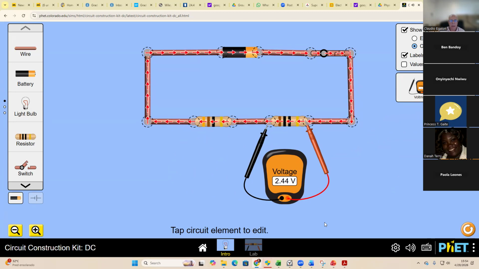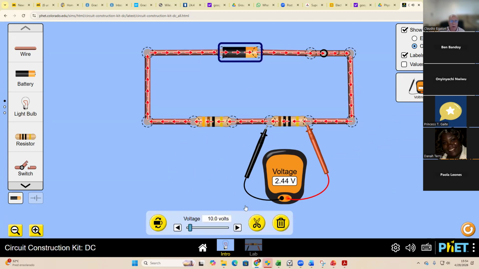And we are varying the potential of the battery, of the power supply, from 10 to 8. From 8 to 6, take a measurement. From 6 to 4, take a measurement.